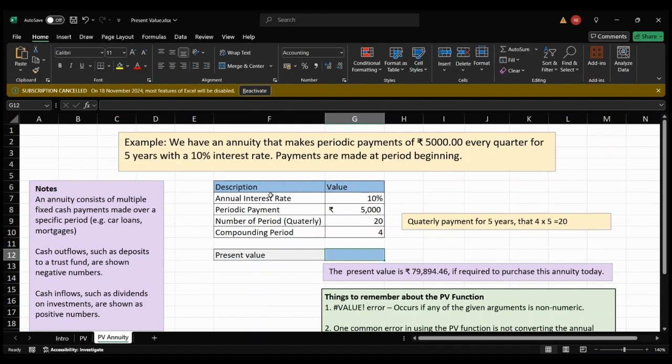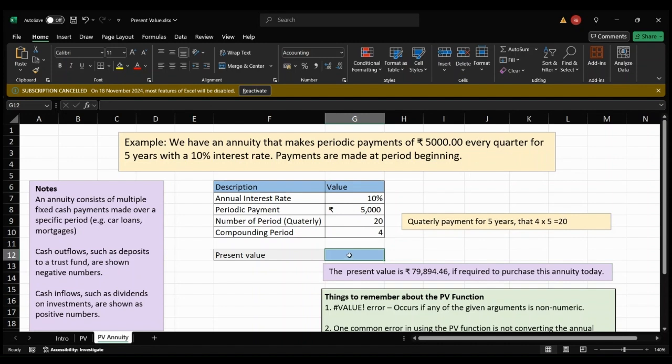The annual interest is 10%, so every quarter it will be 10 by 4%. The periodic payment is 5,000. The number of periods is 5 years quarterly, so 5 into 4, which is 20. The compounding period is 4 because it is given as every quarter.